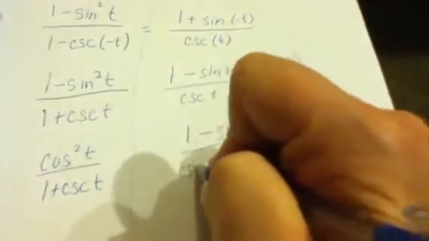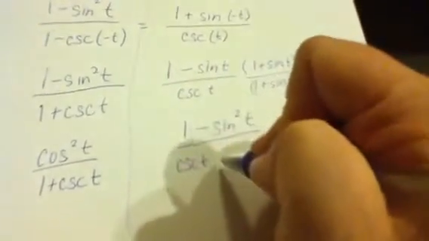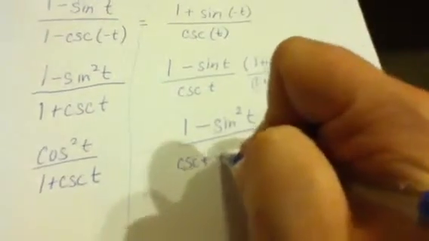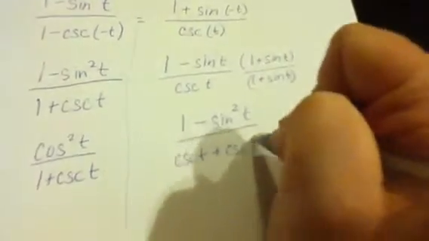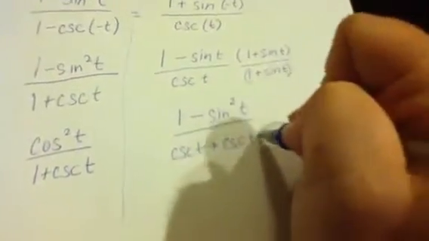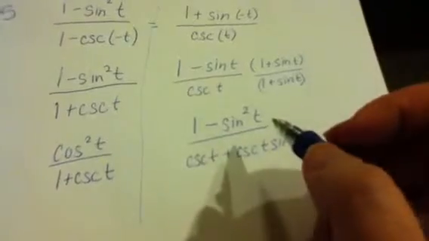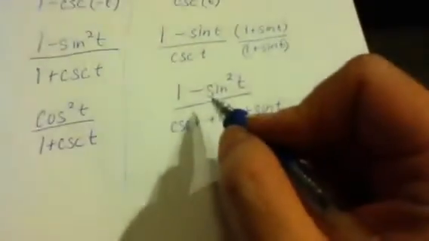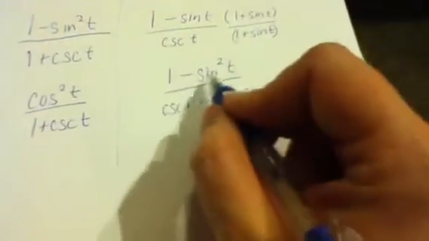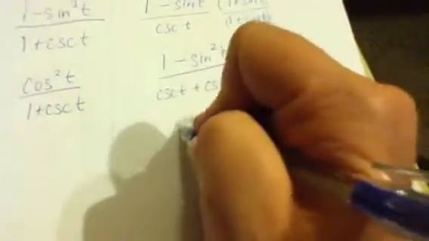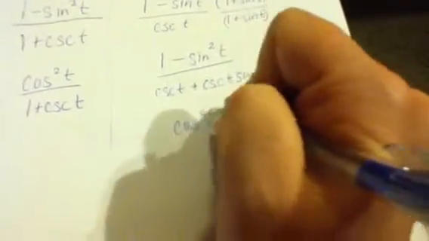So cosecant t times 1 is just cosecant t plus cosecant t times sine t. Okay, now the top of the fraction, of course, becomes our Pythagorean identity again, which is cosine squared.